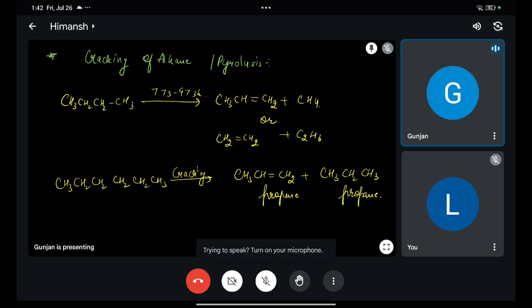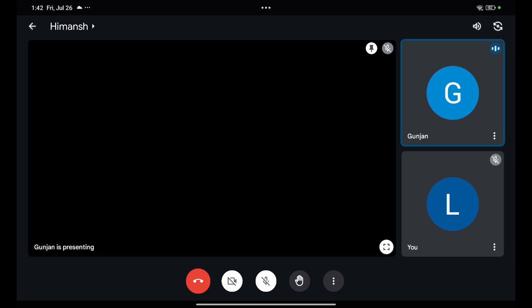One more reaction is there, that is Kolbe electrolysis. In Kolbe electrolysis, we are using dicarboxylic acid, the potassium salt of it.